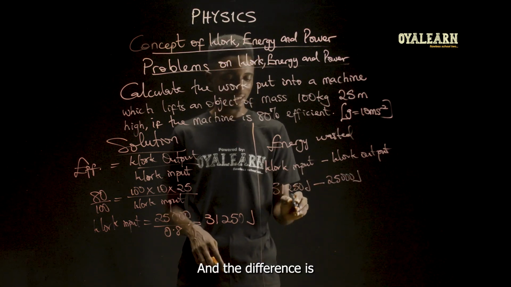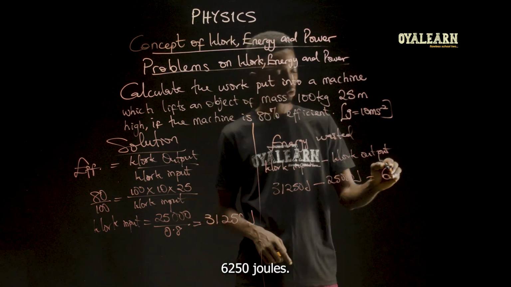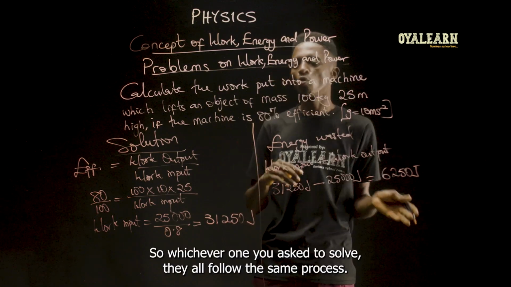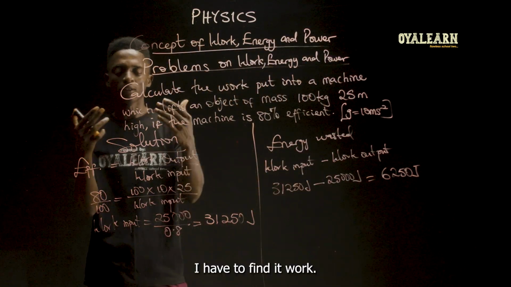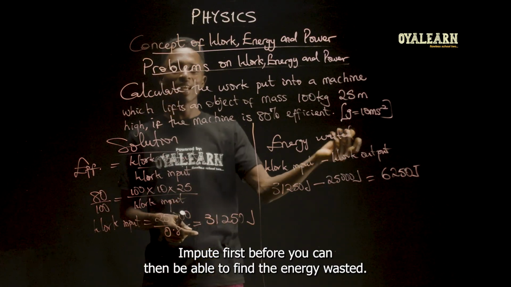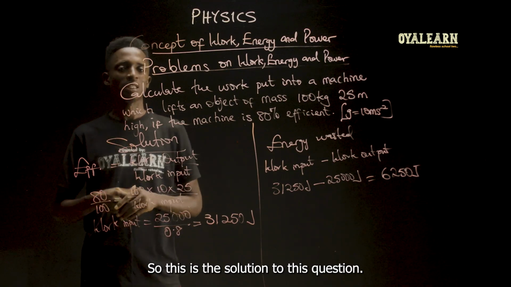And the difference is 6,250 joules. So whichever one you're asked to solve, they all follow the same process. You have to find the work input first before you can then find the energy wasted. So this is the solution to this question.